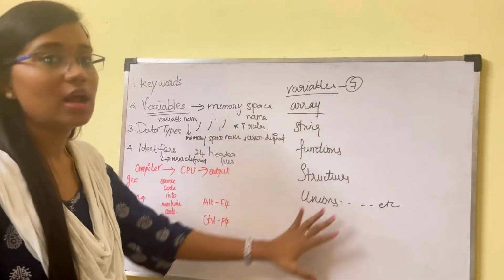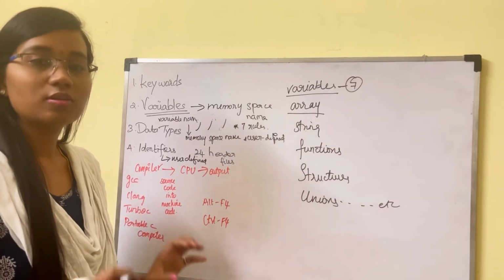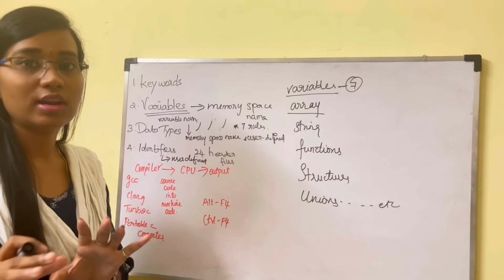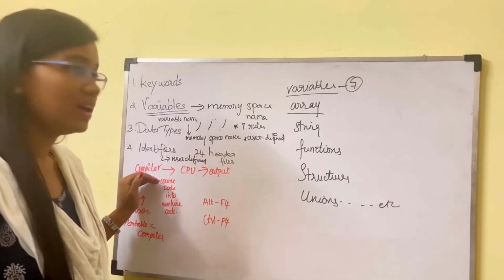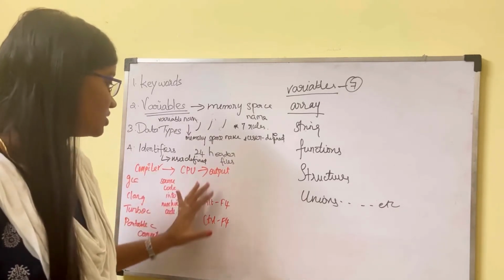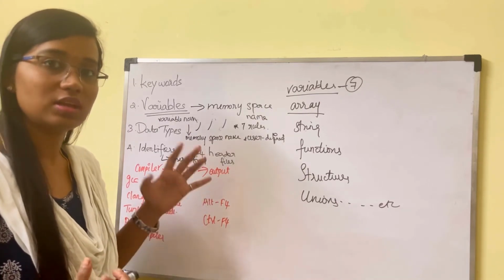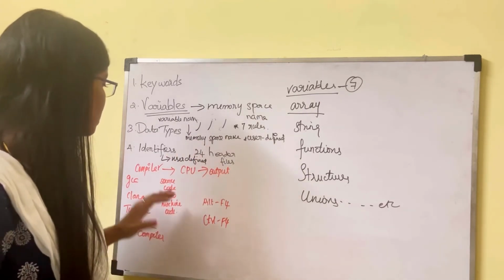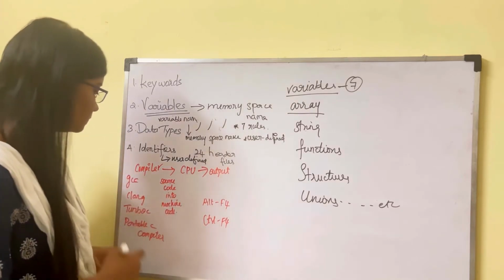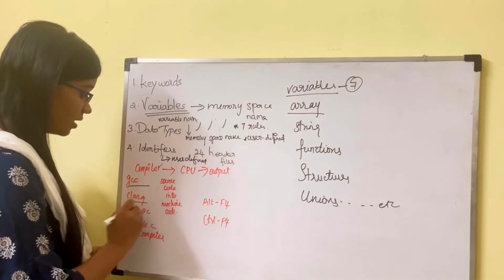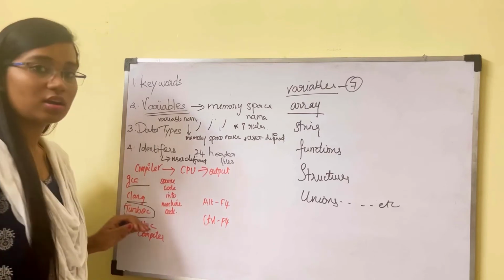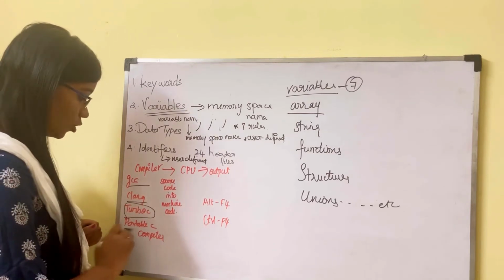Our program is known as source code. To change that source code into machine code, the compiler does that work, and then the output is returned back to us. So what are a few compilers? GCC, Clang, Turbo C, which is what we will use, and the Portable C compiler.